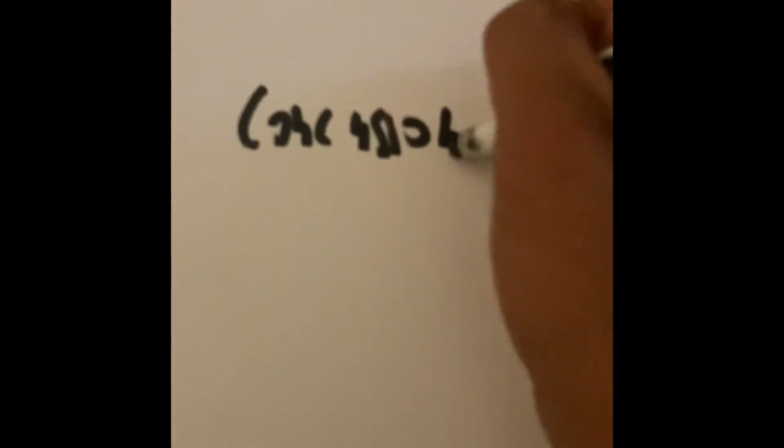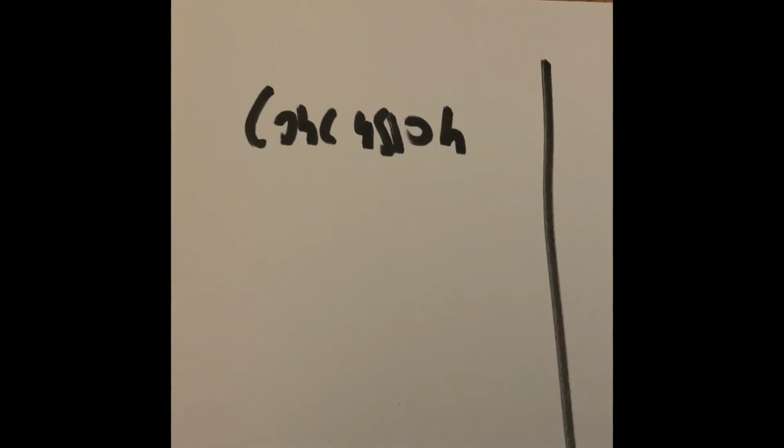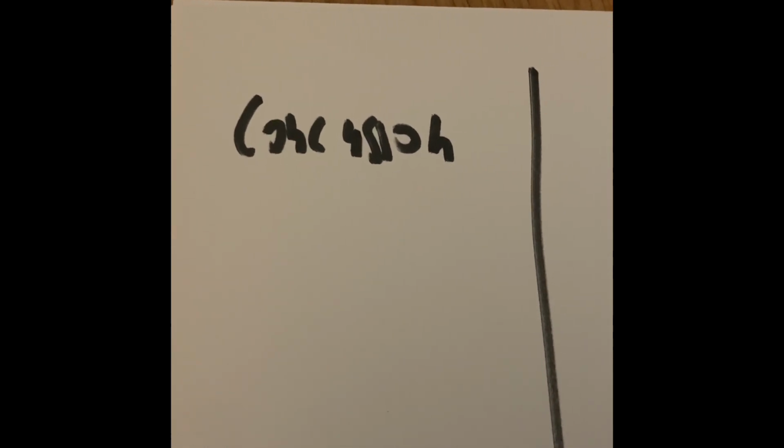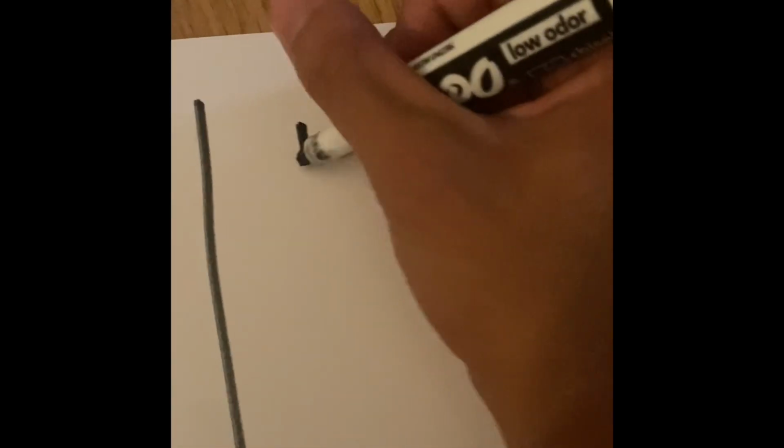So, the first thing, we would usually have a statement. Instead, what we're going to write is called the conclusion. On the other side, we can write the reason, like the reason why we include it. Here's an example.